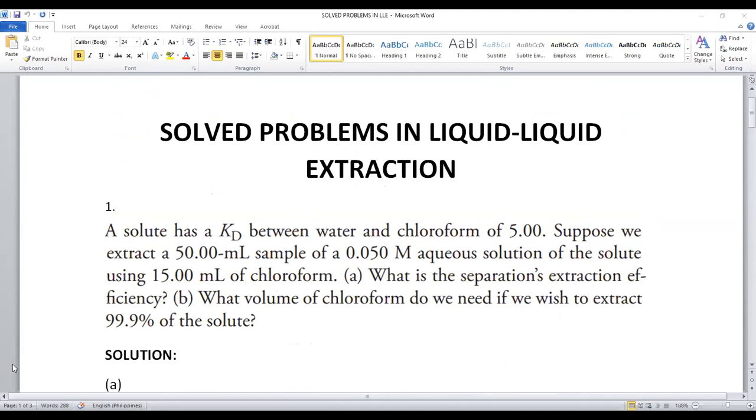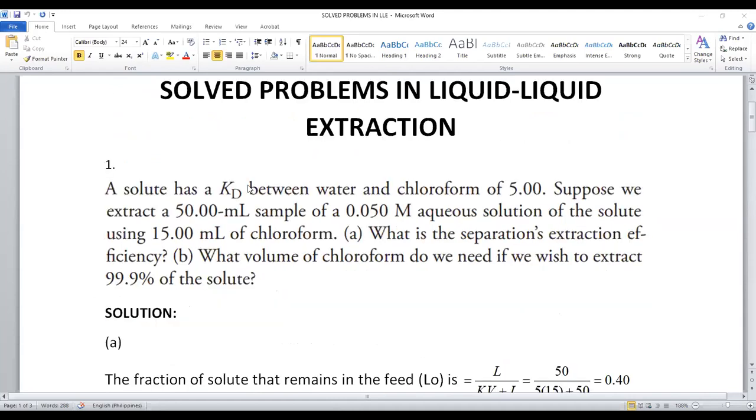So I read again. A solute has a K sub D, your distribution coefficient between water and chloroform, of 5. So KD is equal to 5. Suppose we extract a 50 ml sample of 0.050 molar aqueous solution of the solute using 15 ml of chloroform.